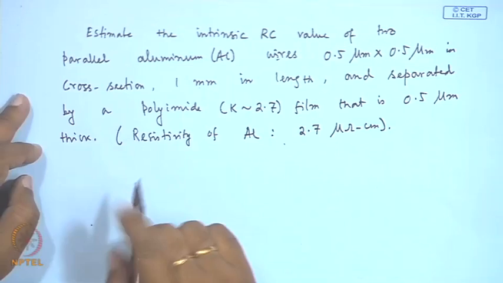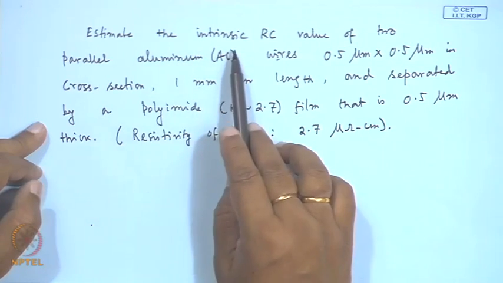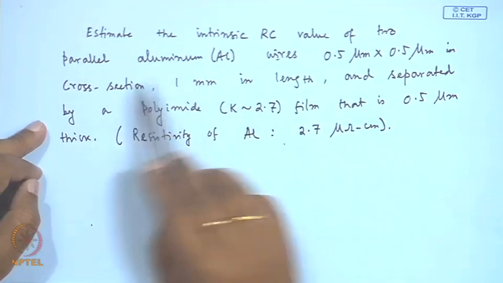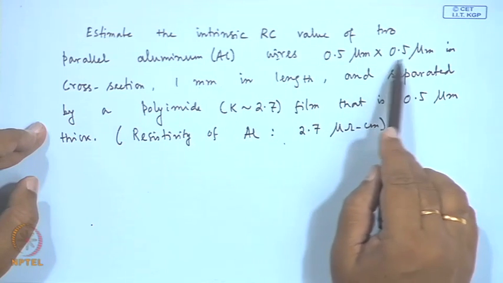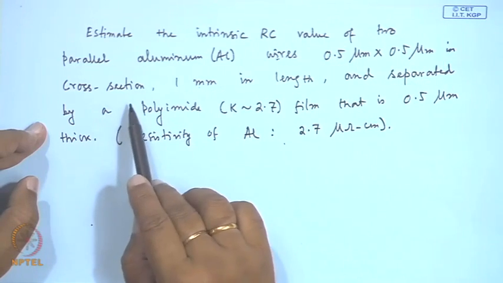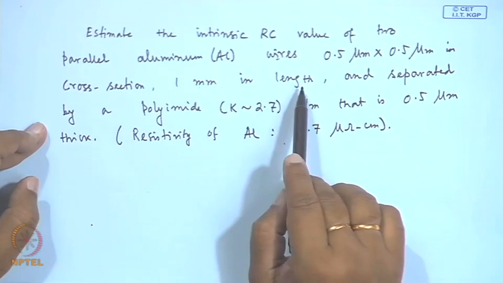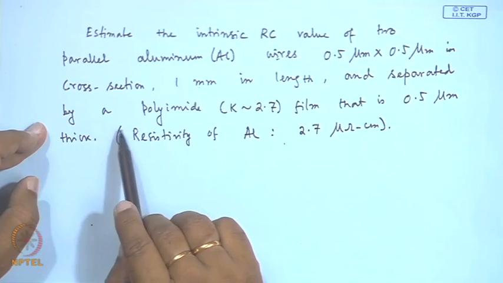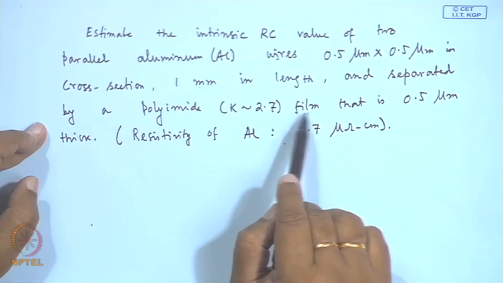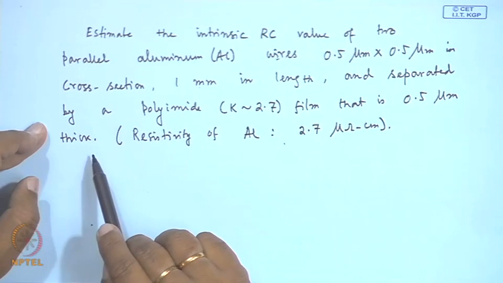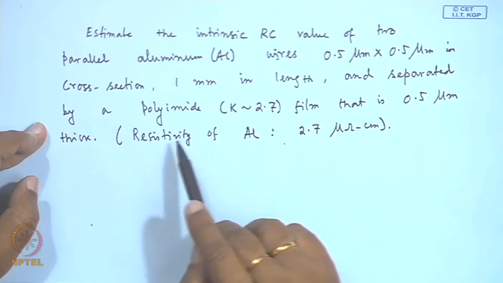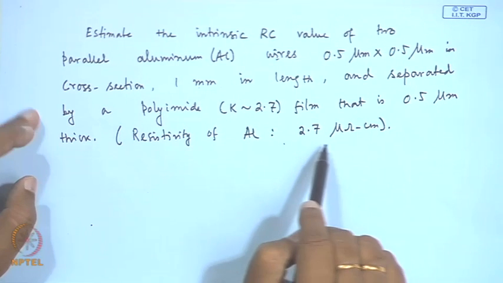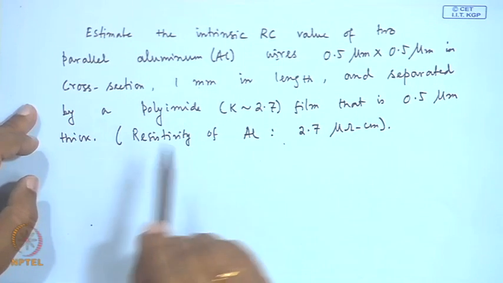So, let me repeat, estimate the intrinsic RC value of two parallel aluminum wires 0.5 micron by 0.5 micron in cross section, 1 millimeter in length and separated by a polyimide film that is 0.5 micron thick and dielectric constant 2.7, given resistivity of aluminum 2.7 micro ohm centimeter.